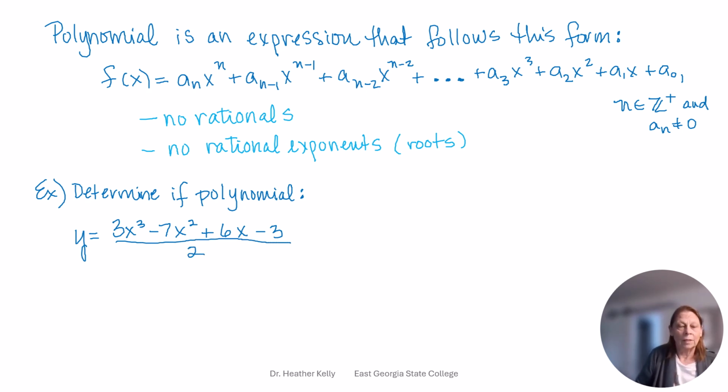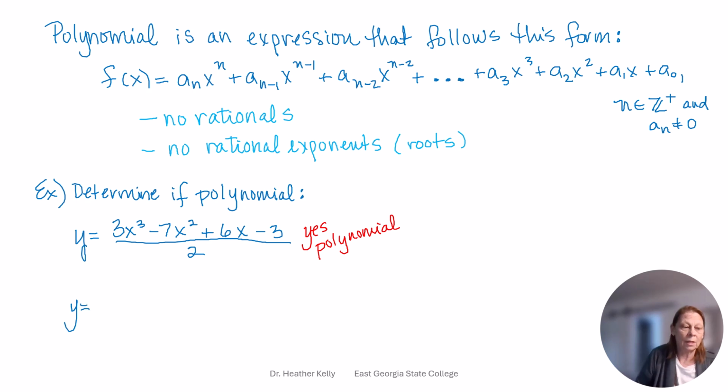So, is this a polynomial? Yes, it's a polynomial. Even though there is a denominator here, this could be very easily written as just fractional coefficients. So that guy, yes, is a polynomial.